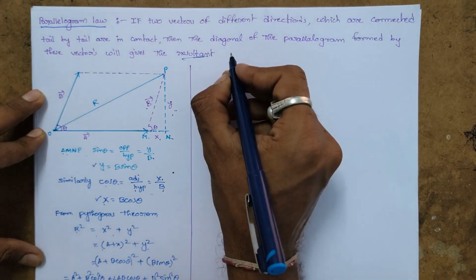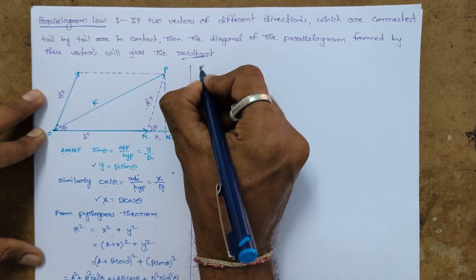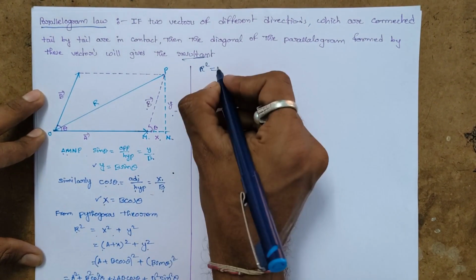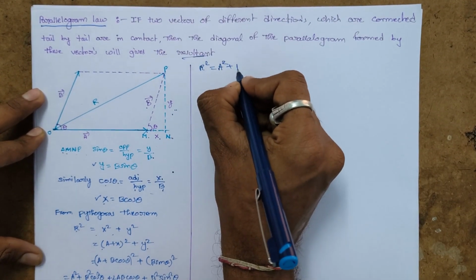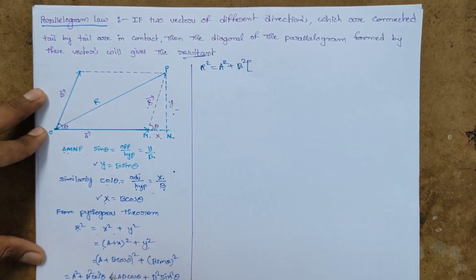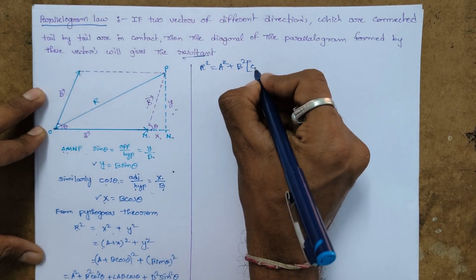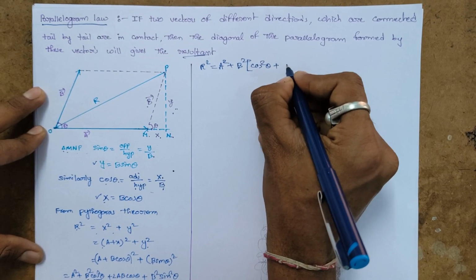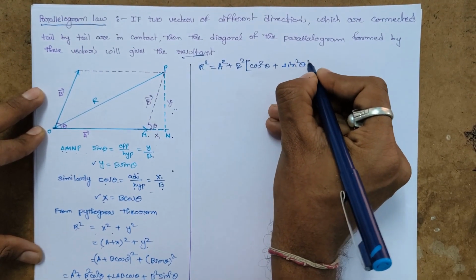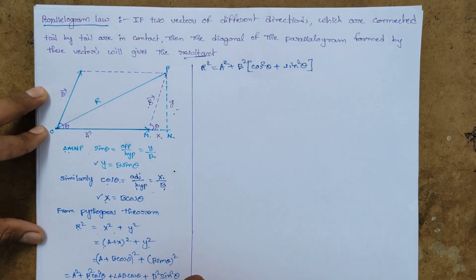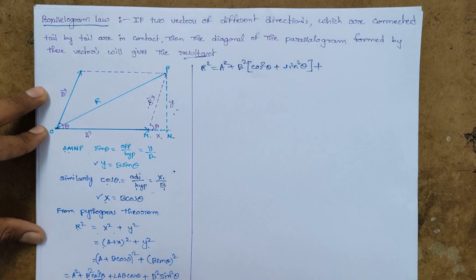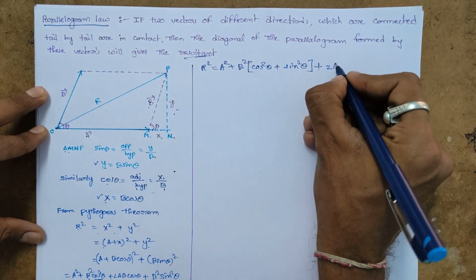Take it outside. So I'm writing r square is equal to a square plus b square into what is remaining? Cos square theta plus sin square theta, plus what is remaining? 2ab cos theta.